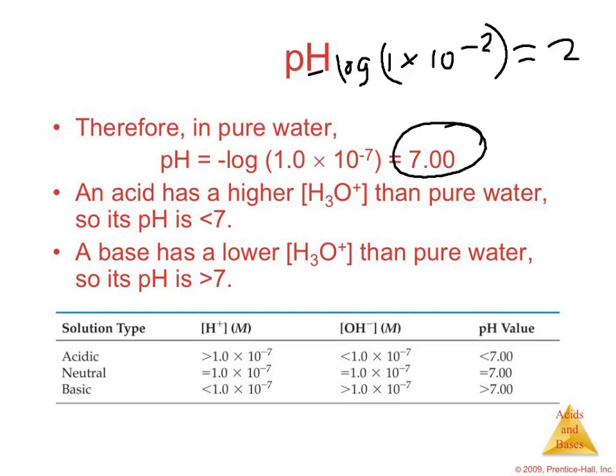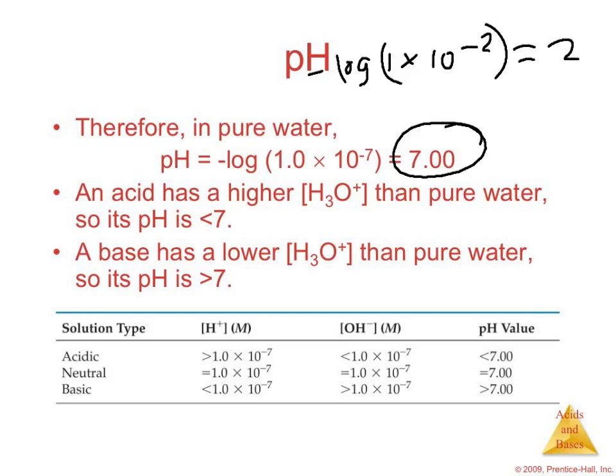Alright, so then they've got this chart here that I think I referenced in your reading guide, table 16.1 in the reading guide. If it's acidic, then it's H plus, again, H3O plus, H plus, interchangeable here. The H plus concentration is going to be greater than 1 times 10 to the negative 7th in an acidic solution, which would mean that the OH minus concentration would have to be less than 1 times 10 to the negative 7th.